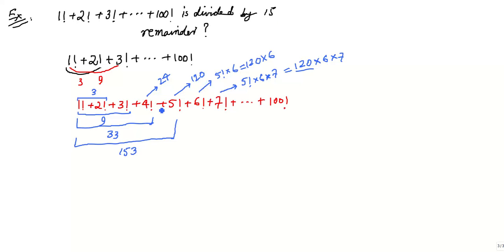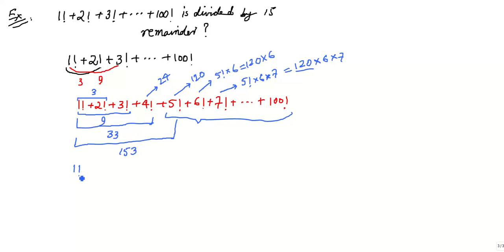So, from the fifth term onward, every term is divisible by 15 and the remainder must be 0. So, there is no need to consider the sum after the fourth term, because when divided by 15, the remainder will be 0. So, we consider only the first 4 terms.